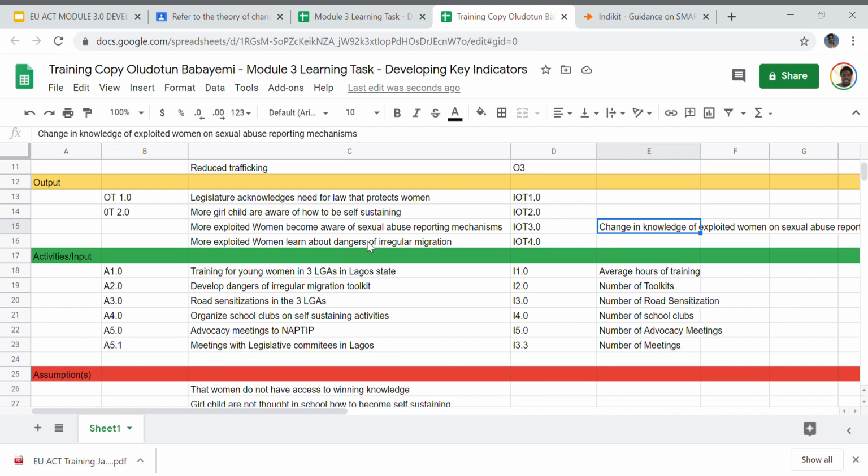More exploited women learn about dangers of irregular migration, right?